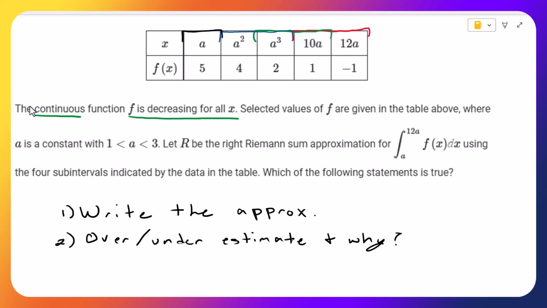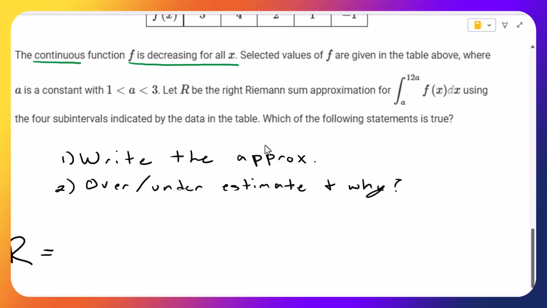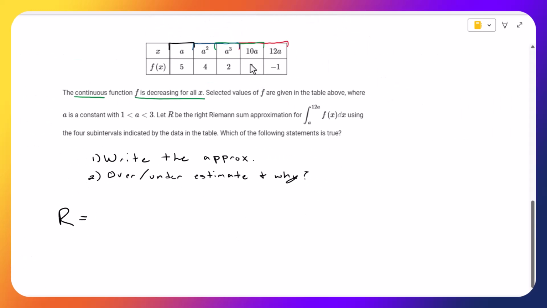So let's write our approximation. We're going to say R for our right-hand Riemann sum equals, and what we're doing is a right-hand Riemann sum. Actually, we'll give you the answer choices in a second once we've done this, but we'll start with this. 10a to 12a.